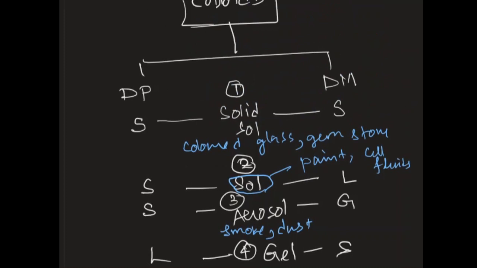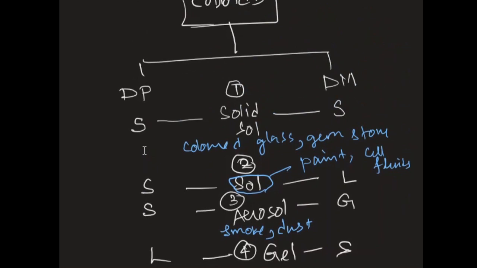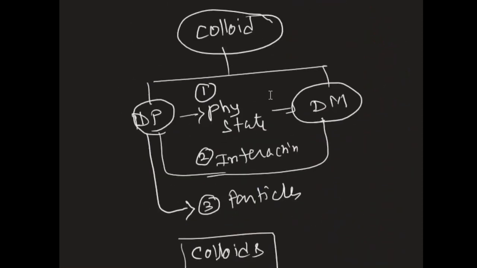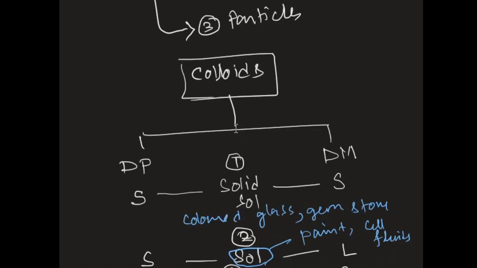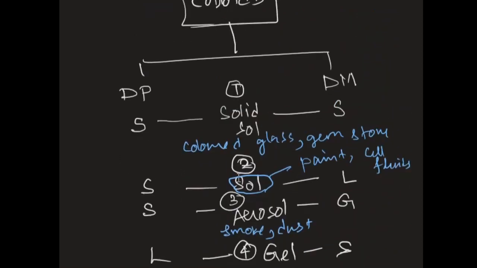Examples are whipped cream, shaving cream, soap lathers, frothing. So these are all called foaming. So based on the physical state of the dispersed phase and dispersion medium, we have classified colloids into 8 types. If the dispersed phase is solid and the dispersion medium is solid, it is called solid sol, number 1.